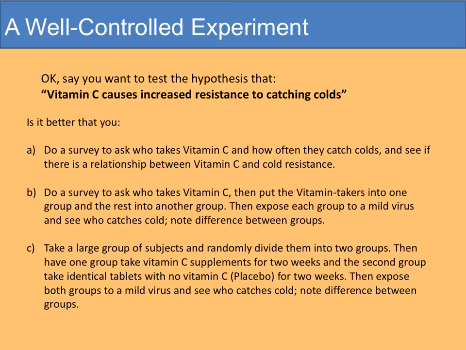The subject shouldn't know, and the experimenter who's actually running the experiment shouldn't know either. They should just collect the data at the end and then analyze it. And because they didn't know, they can't decide whether it's actually vitamin C or not unless there's a real effect. So that's a double-blind experiment. That's the gold standard.